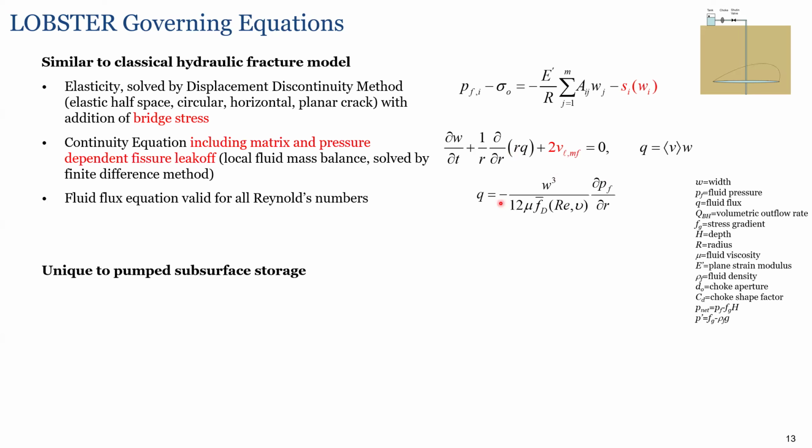There's a fluid flux equation that relates fluid flux Q to the gradient of the pressure via the fracture width and the viscosity. If we drop out this F bar, it's the Poiseuille equation for laminar flow. This F bar is an approximation, a Moody diagram, that tries to approximate flow for all Reynolds numbers, including transition and fully turbulent ranges. And then tip boundary conditions.